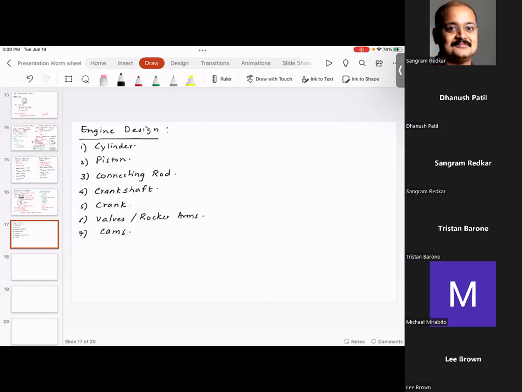So first we design the cylinder, then the piston, then the connecting rod, then the crankshaft, then the crank, and then the valves, rocker arms, and other components.